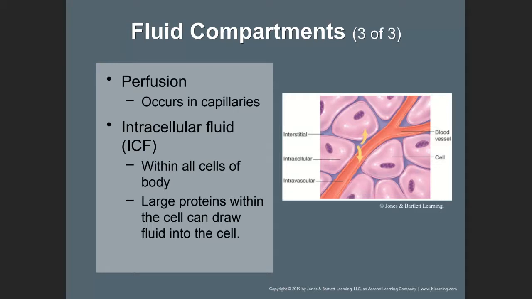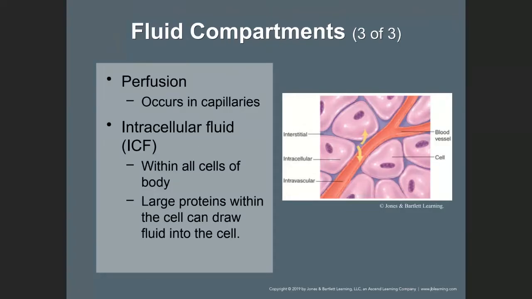Perfusion occurs in the capillaries within the circulatory system. Intracellular fluid, or ICF, is within all cells of the body. Large proteins within the cell can draw fluid into the cell. Again, the majority of the fluid inside of the body is found within the cells.